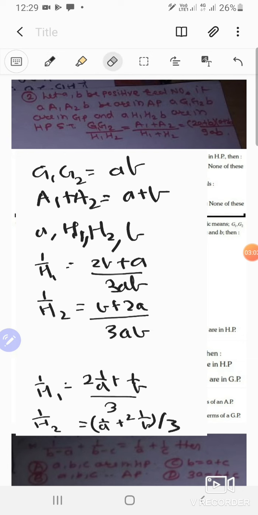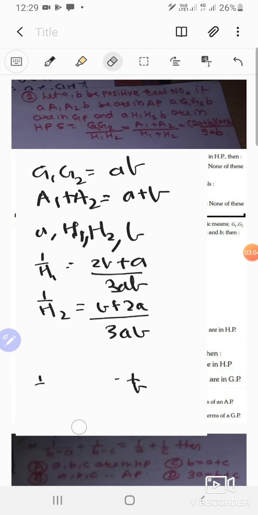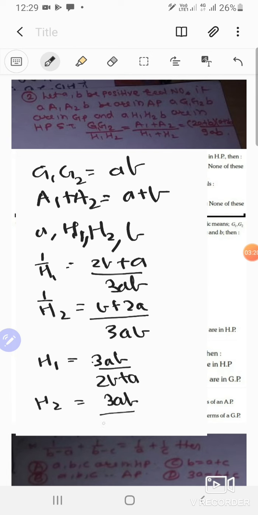Okay, that's nice. So taking reciprocals, we get h1 is equal to 3ab upon (2b plus a), and h2 is equal to 3ab upon (b plus 2a). Fine.